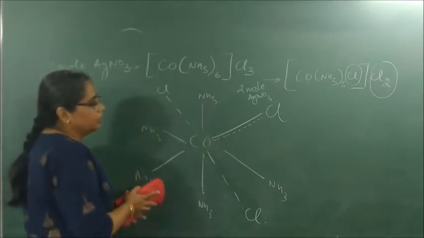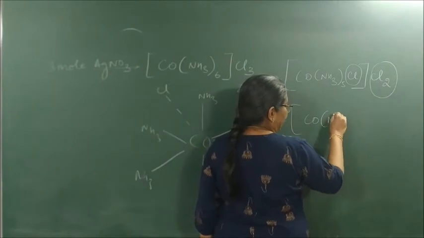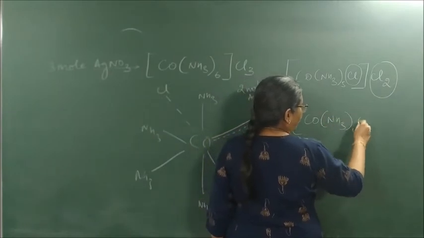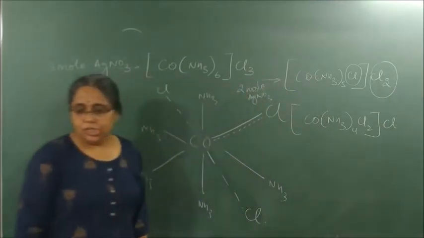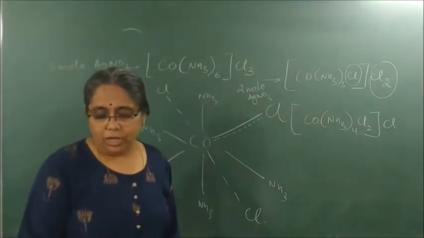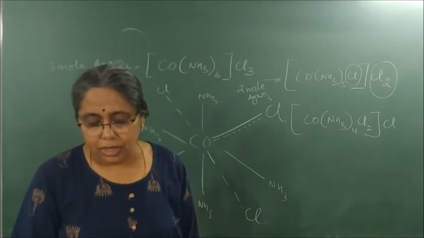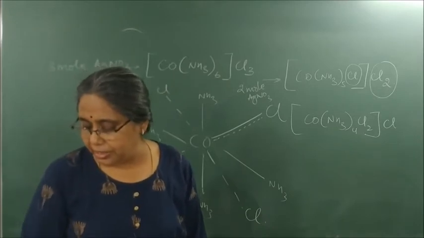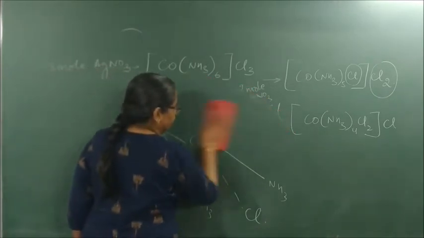Now we will make the next structure, which is [Co(NH3)4Cl2]Cl. This is green in color. So we will change the structure now.